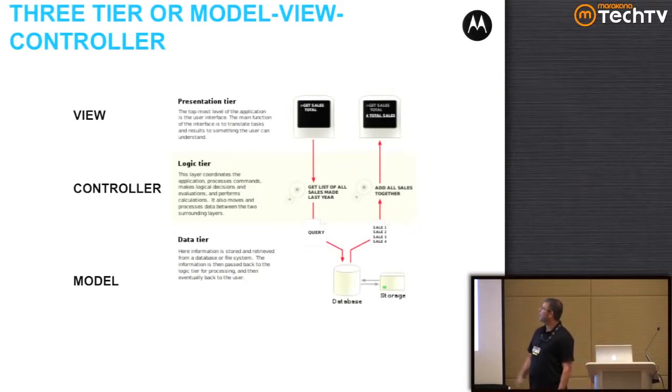Now this diagram, some people may debate whether this is true model view controller, but for the purposes of our discussion, what we're really just trying to show, whether you call it three-tier or model view controller or whatever, is that there's a clean separation between your view or presentation layer, your controller or business logic, and your data or your model. Just a show of hands, how many people here are familiar with the model view controller design pattern? Yeah, pretty ubiquitous.